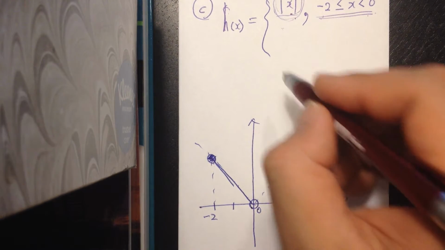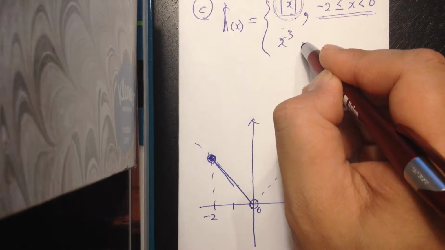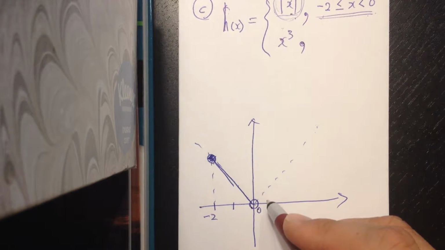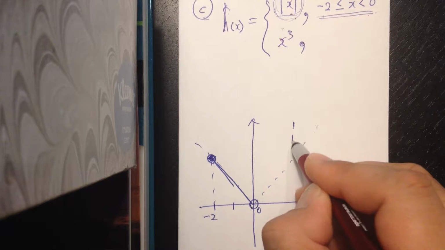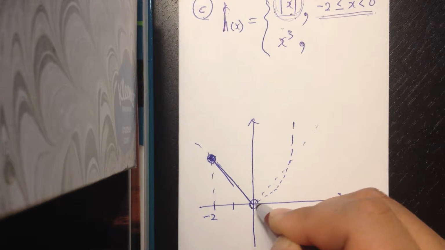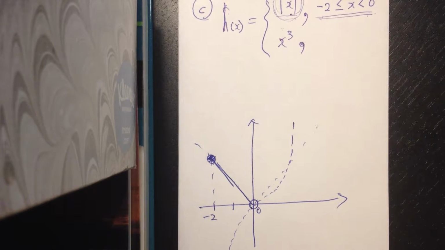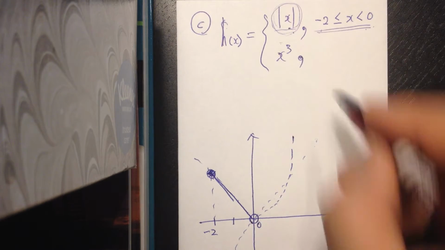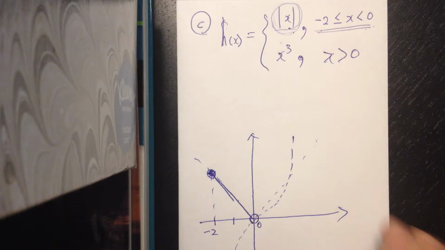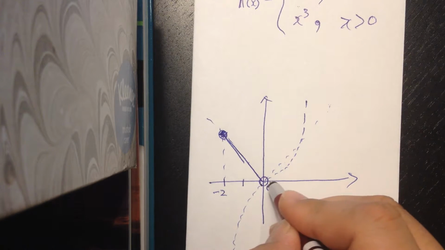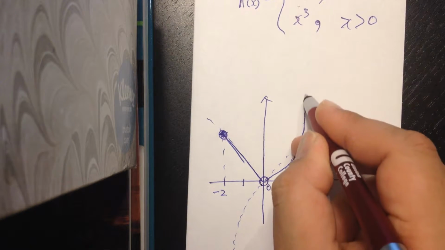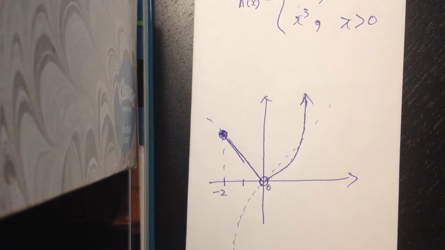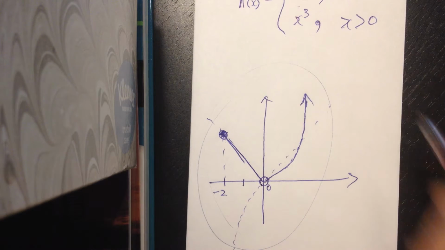Now the second part, here it says x to the third power. X to the third power, I know how to graph, which is something like this. However, we are only interested in what? Greater than 0. So here's my sketch.